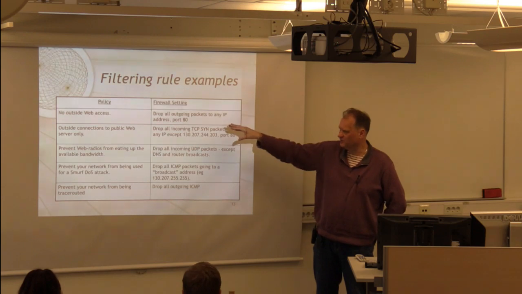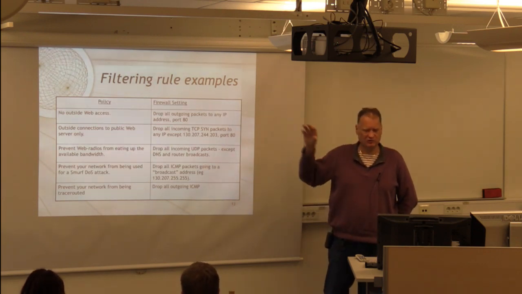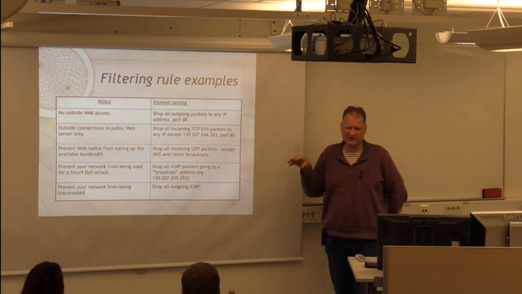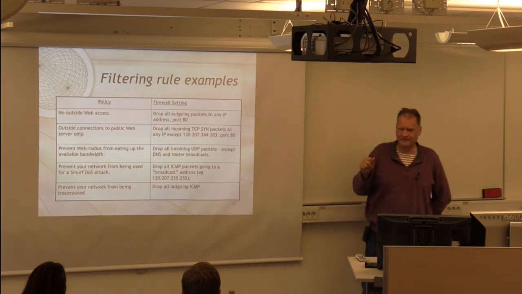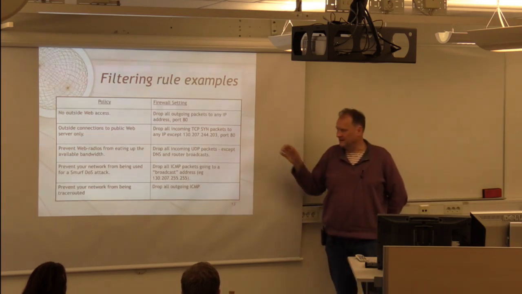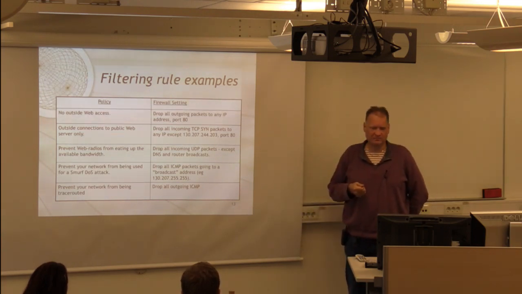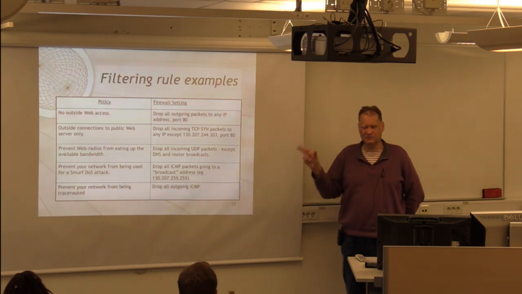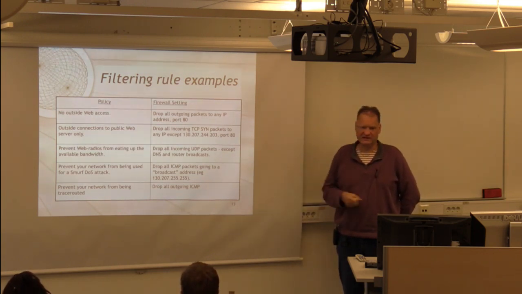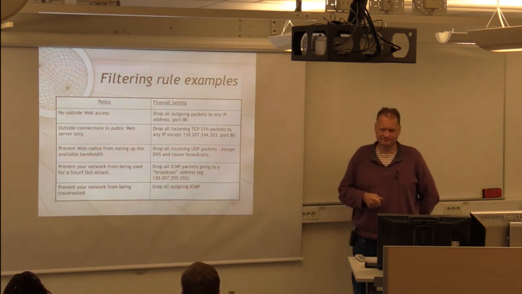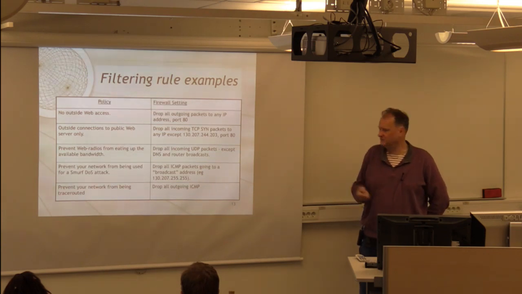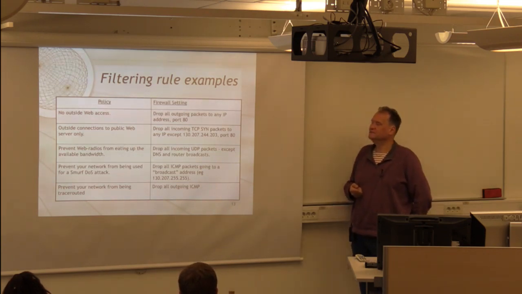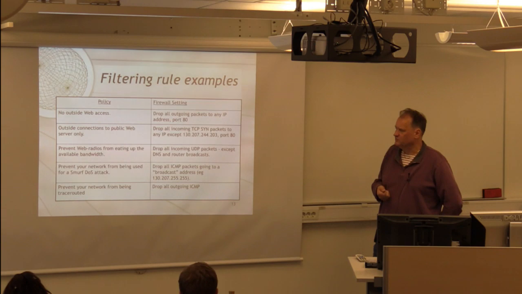Okay, sorry, so the policy is that people on the outside should only be able to connect to our web server, nothing else on the inside. So this would probably work better as a rule, because it will drop anything except someone going exactly to the web server IP and port 80. It's more strict and more likely to actually work.